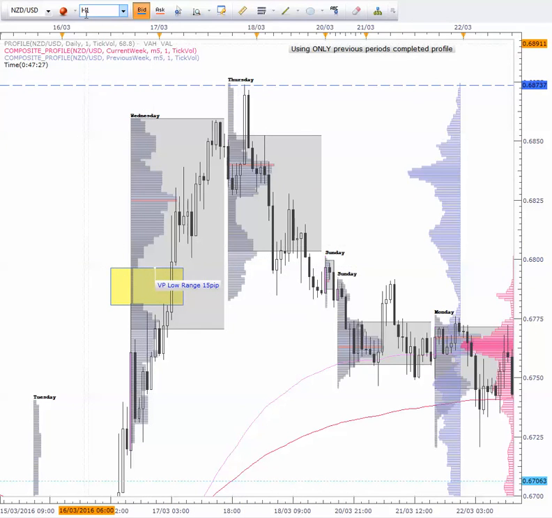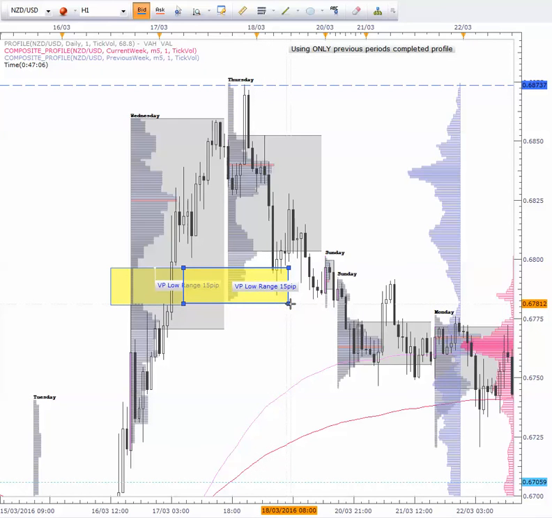Now this is a 1 hour chart. So it comes into it. Draw another rectangle, and I'm going to talk about now when it actually does come in.